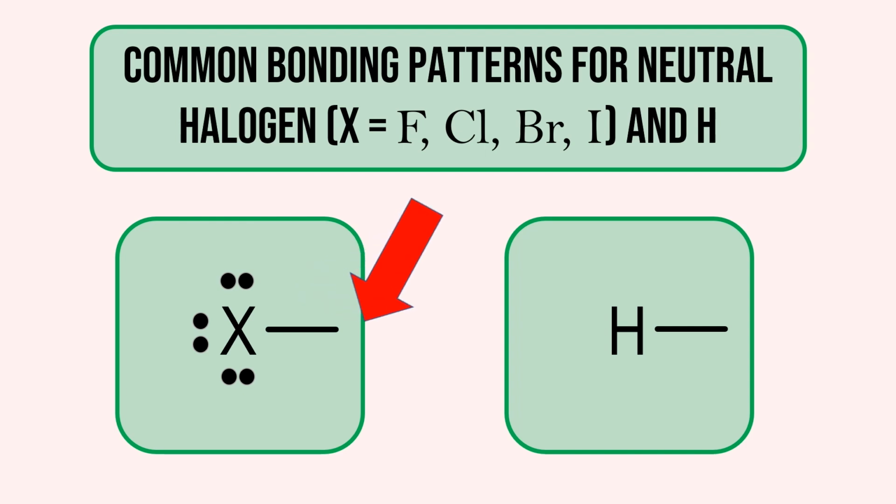Interestingly, hydrogen, which follows the duet rule, it can only have 2 valence electrons, will also participate in only one single bond, but have 0 lone pairs.